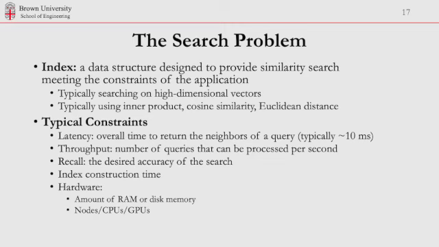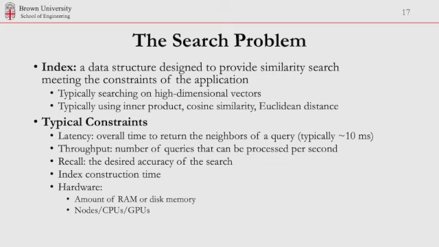So the search has to be fast. Another thing people are concerned with is throughput. If you have an application like recommendation systems, you're not worried about one user, you're worried about a million users. So how many queries can you perform at once? This is adjacent to latency. You want to perform as many queries as fast as you can.